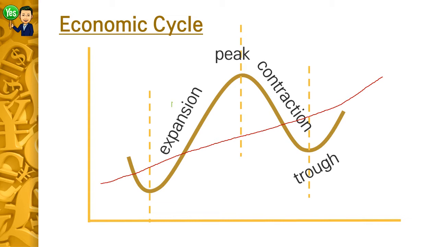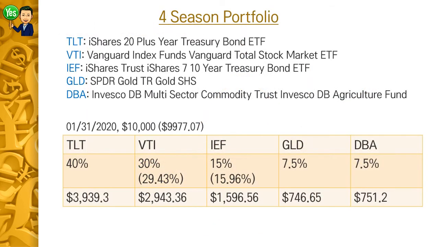So he chose the middle way, and he suggested a certain portfolio that's called the all-weather portfolio. I call it the four-season portfolio. Okay, let's see. So this is the four-season portfolio.